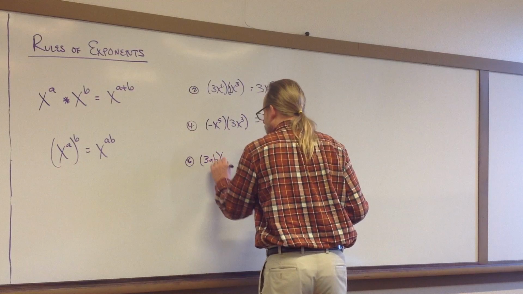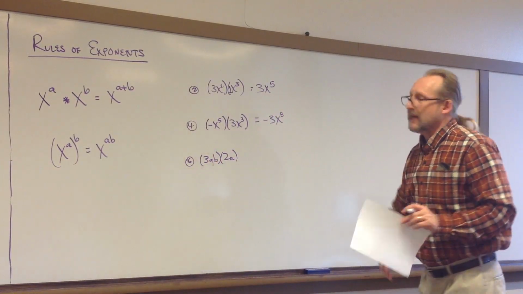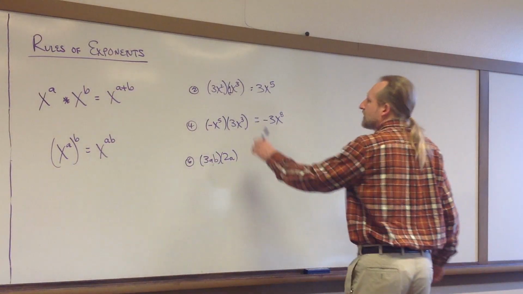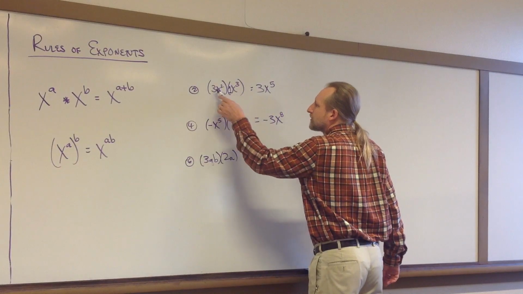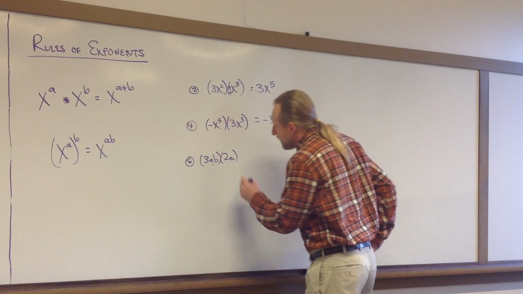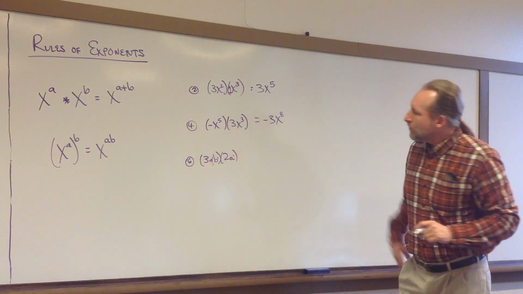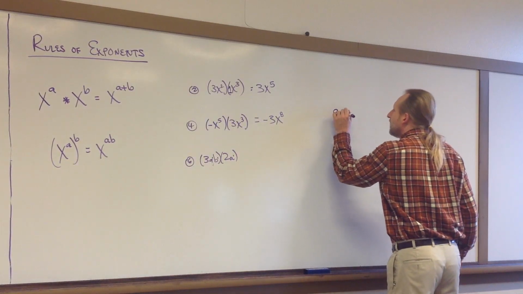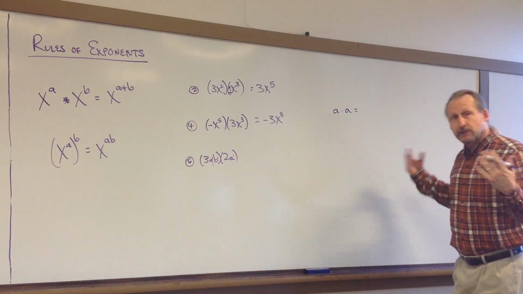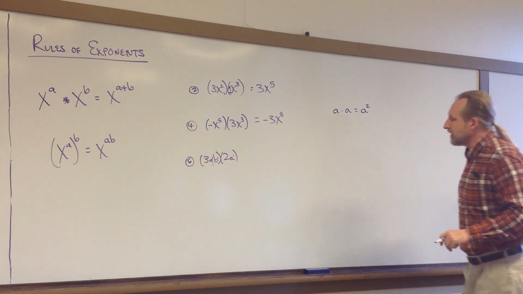3ab times 2a. Okay, now we haven't seen this yet, but in a similar way, notice how I said that there was a hidden 1 here, so that 3 times 1 is 3. Each of these has an exponent of 1. So when you do a times a, well, for one thing, that's the definition of squaring something, is multiplying it by itself. So that should lead you to conclude that we're going to get a squared out of it.